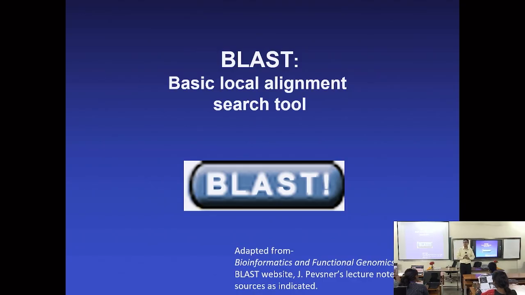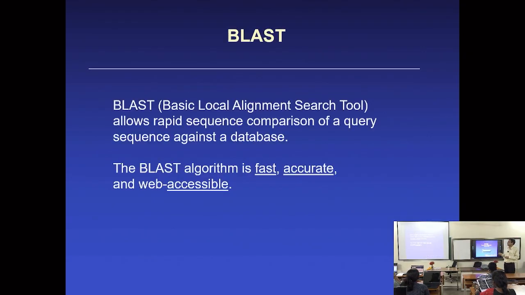One such algorithm in biology is BLAST, and BLAST stands for Basic Local Alignment Search Tool. It was developed in 1990. The paper was published in the Journal of Molecular Biology in 1990, and since then it has garnered hundreds of thousands of citations.